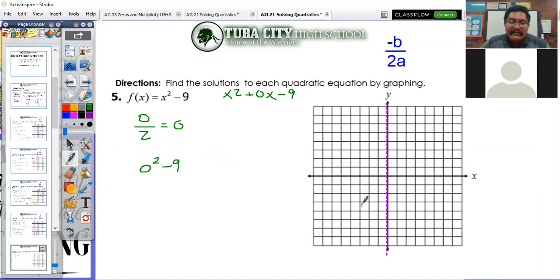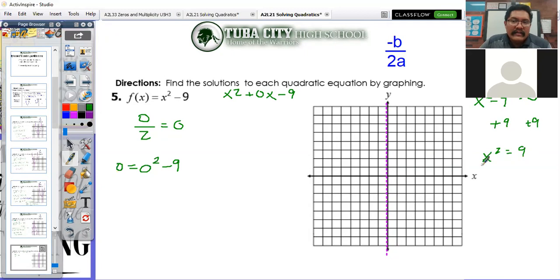Now I pointed this out to some of my other classes, and we would know what to do here, right? Because I'm going to set it equal to 0. But let's continue this. So I'm going to have x squared minus 9 equals 0. Now I'm going to add 9 to both sides. I'm going to use algebra in this case, just some regular old algebra. Now I want you to think about a number.